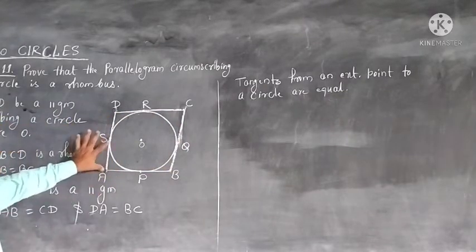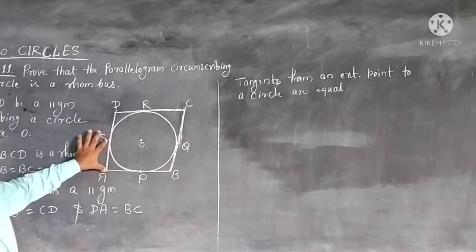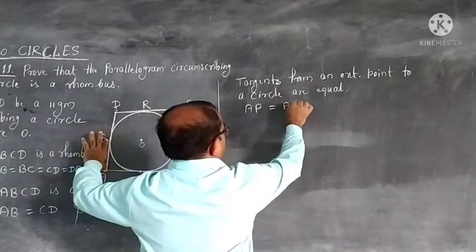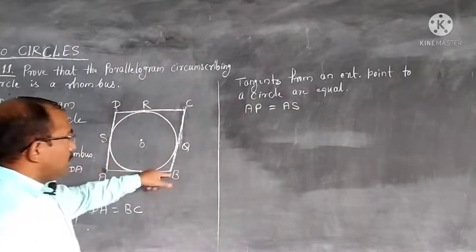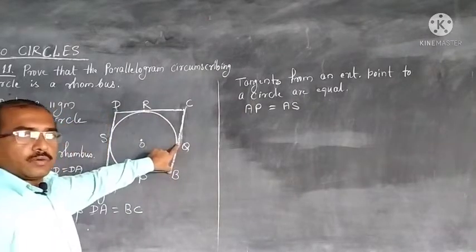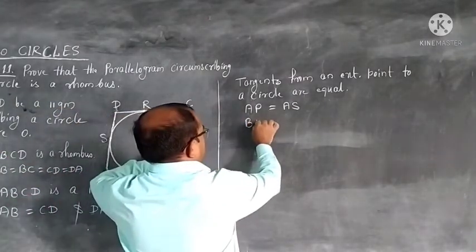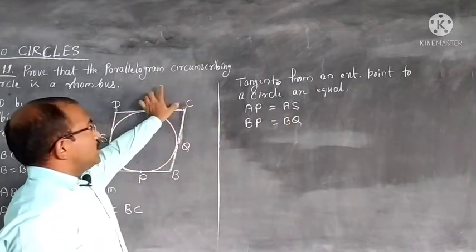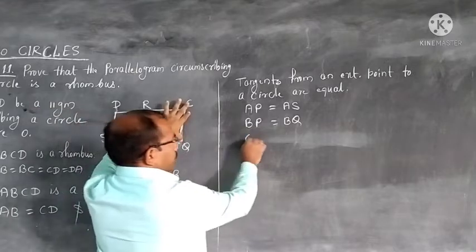So from A, AP is equal to AS. From B, BP is equal to BQ. From C, CR is equal to CQ.